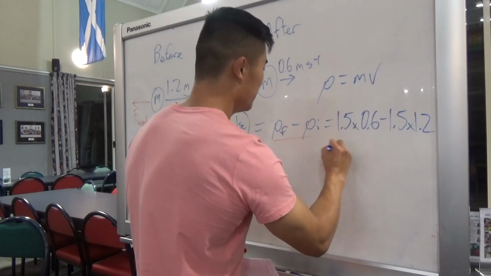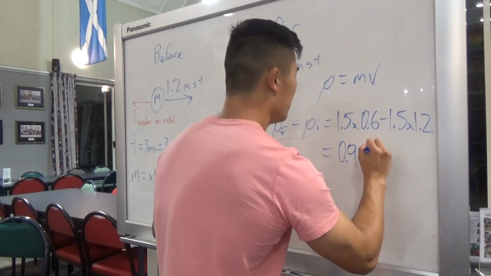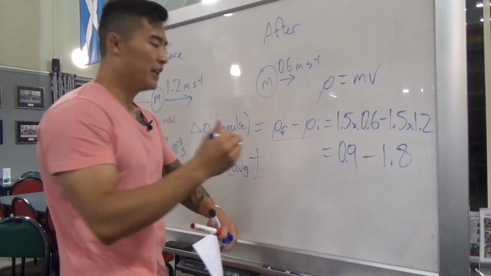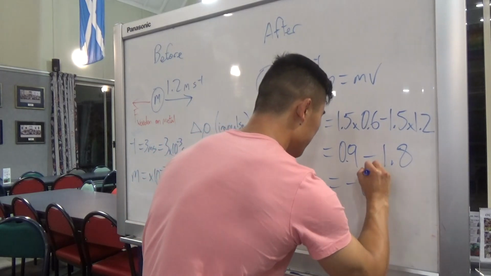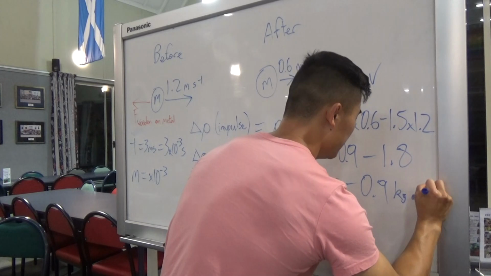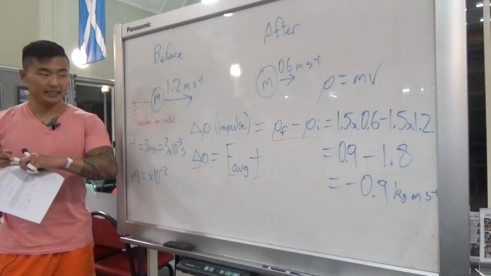So that's going to equal 0.9 minus 1.8. And if you do that, the change in momentum will be negative 0.9 kg meters per second. Okay, so negative 0.9 kg meters per second.